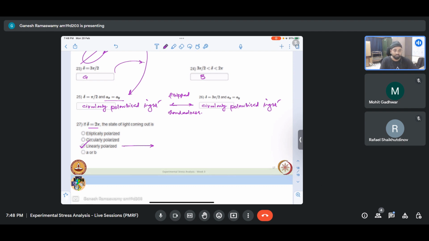So if we have a half wave plate placed, we can actually rotate the linear light. Let us say I have a polarizer at 90 degrees and I have a half wave plate and I rotate it by 30 degrees, then I will have linear light coming through that wave plate at 30 degrees. So it has the capability to rotate and transmit.